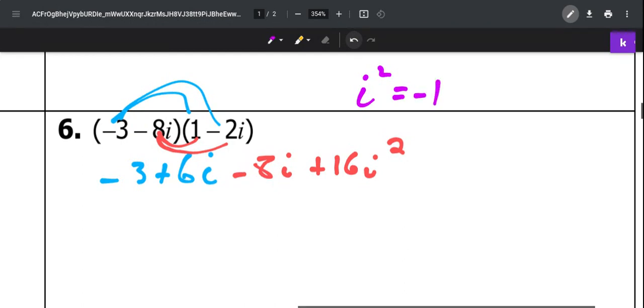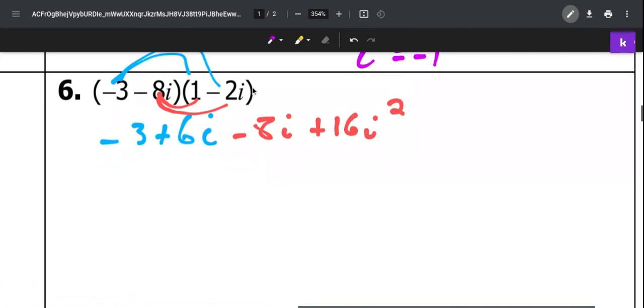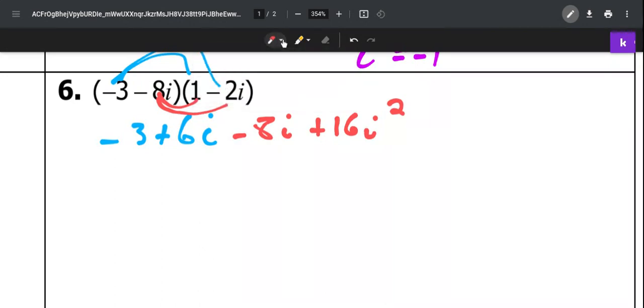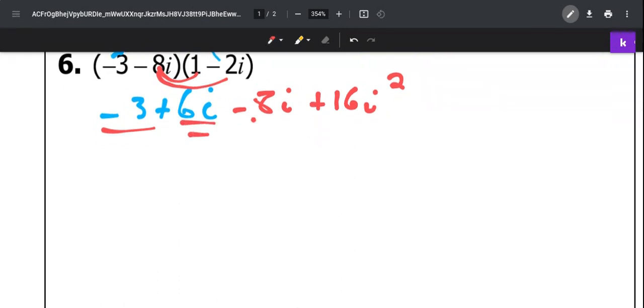All right, so now let's combine like terms. Let's see, -3, we don't have a like term with that for now, but we do have like terms right here and right here. So -3 plus, actually that would be minus 2i.